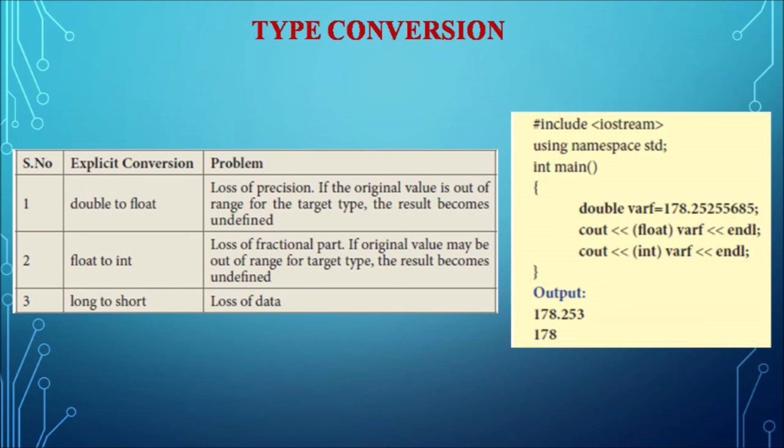And long to short: loss of data occurs. The entire data may be lost because long has more memory space allocation, whereas the short data type has very little memory space allocation. These are the major difficulties we face while doing explicit conversion.